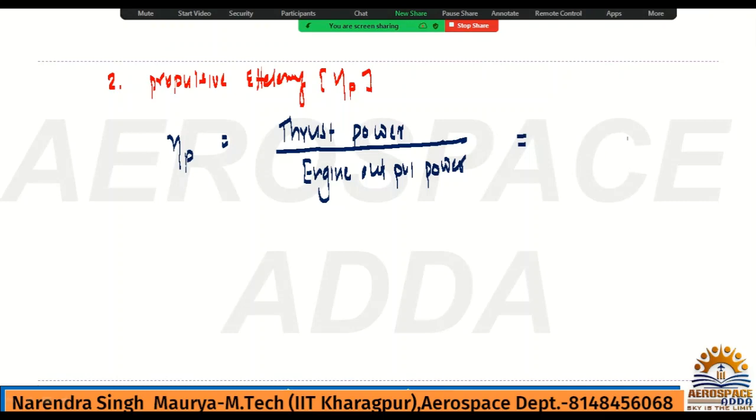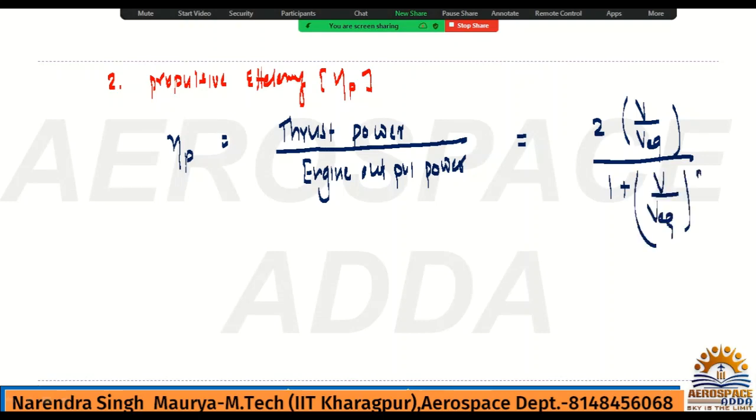So this formula is 2 into V divided by V equivalent, divided by 1 plus V upon V equivalent squared. In a similar way you had seen it for jet propulsion also; there the square was not there, rest everything is the same.